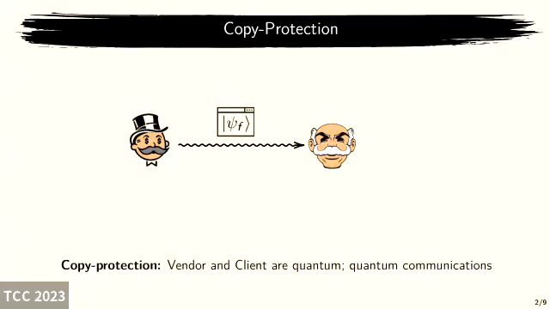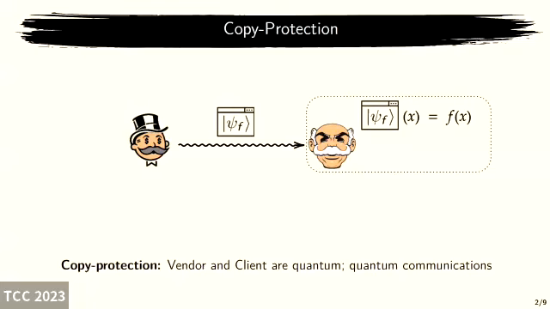Then he will send this quantum protection to the client, and with this protection, the client will be able to evaluate this function on any input x. Roughly speaking, the security of this primitive says that no malicious client can split this quantum protection to get two quantum states that can both be used to evaluate the function f.